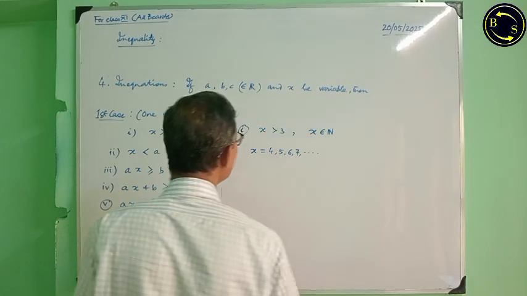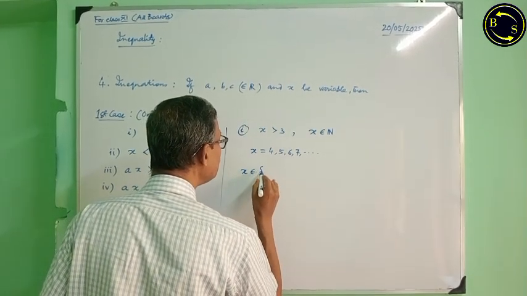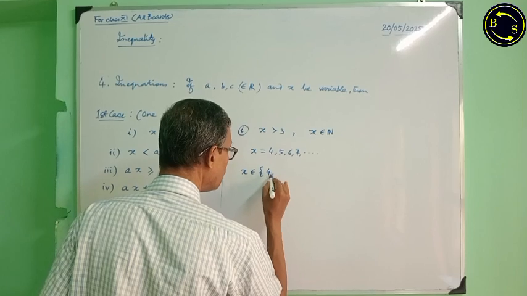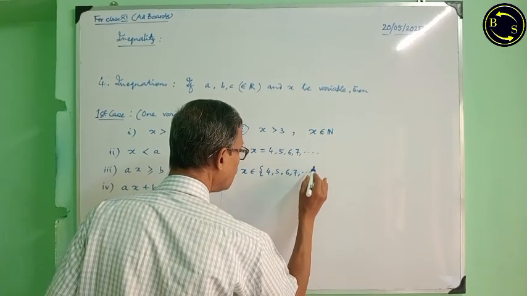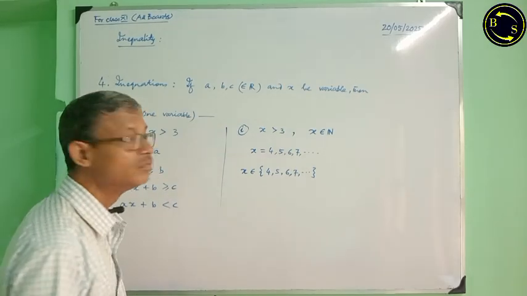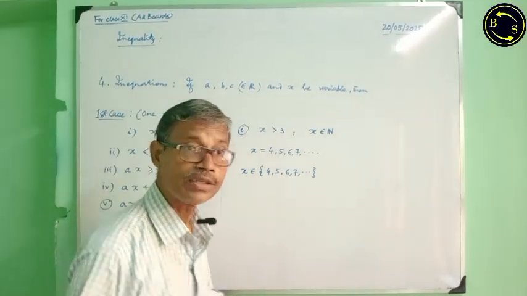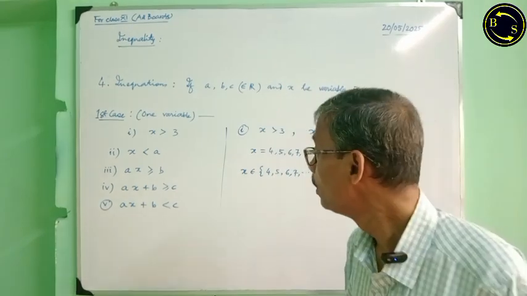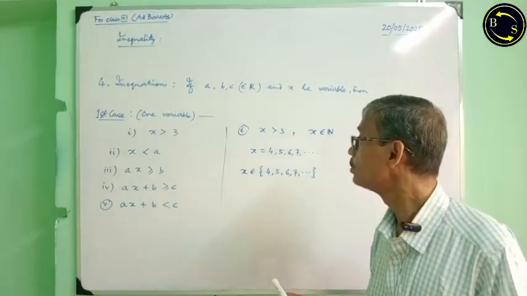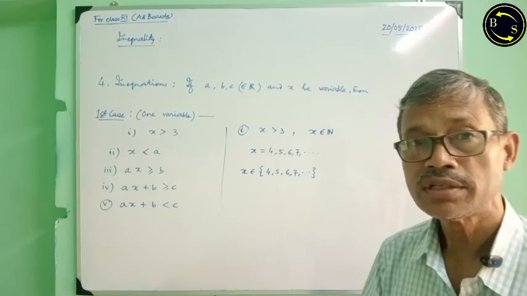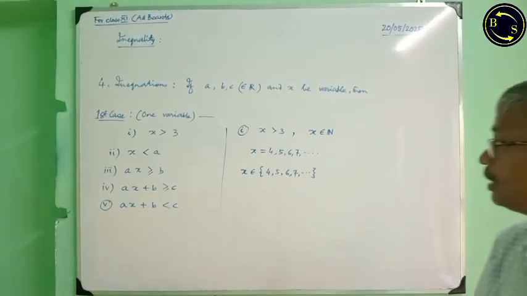Therefore, for this one, we write x belongs to the set of infinite members 4, 5, 6, 7, dot dot dot. That is the difference between equation and inequation.